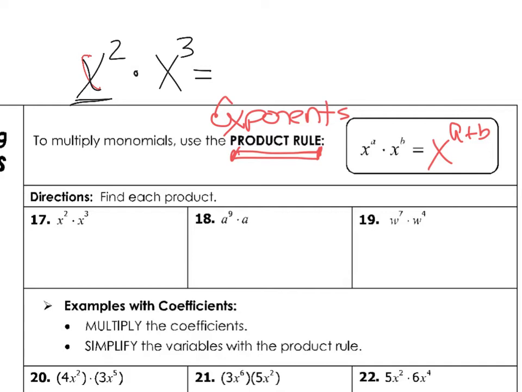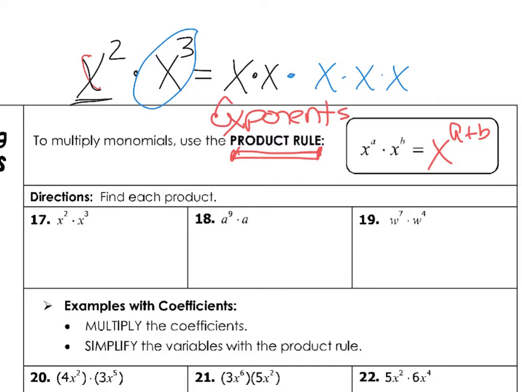What does x squared mean? It means x times x, right? How do I write x cubed in expanded form? It means x times x times x, right?